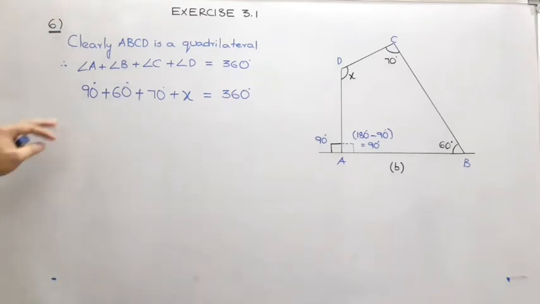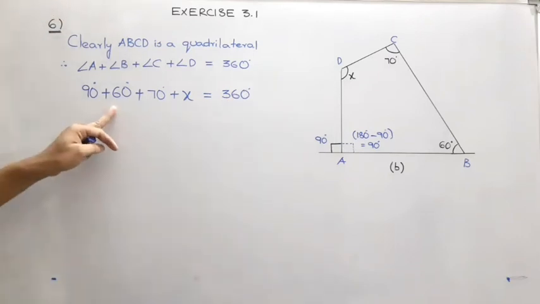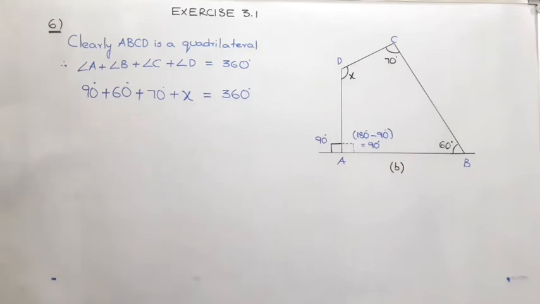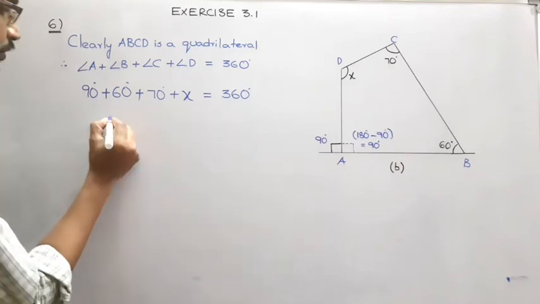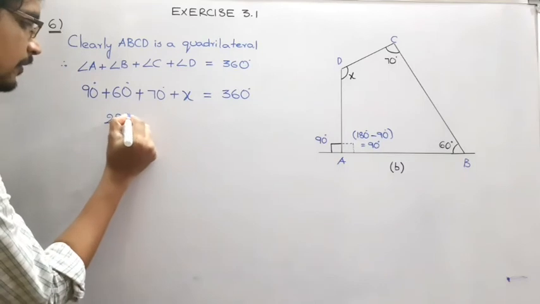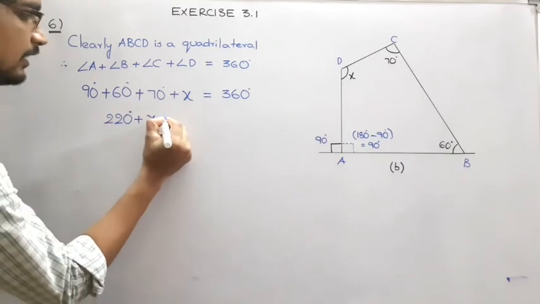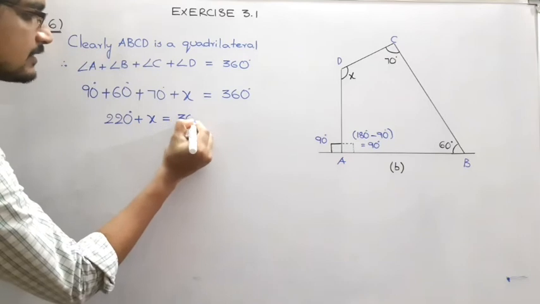Okay, now 90 plus 60, 150, 150 plus 70, 220. So 220 degrees plus X is equal to 360 degrees.